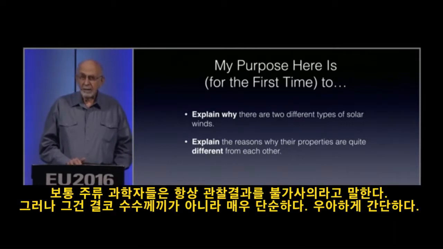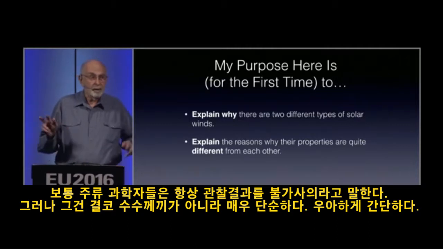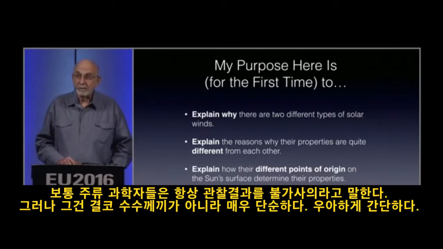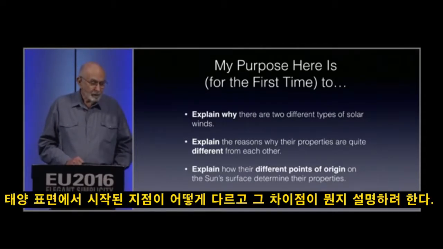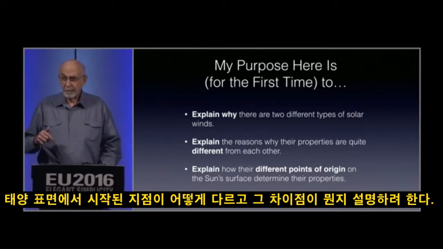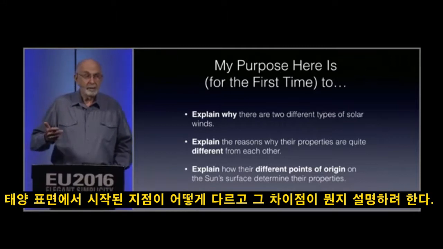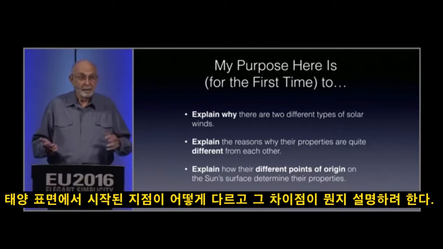The standard mainstream finds these observations to be, quote, enigmatic, as always. They're not enigmatic. They're very simple, elegantly simple. I'd like to explain how the different points of origin on the surface of the sun explain those differences between the two different types of solar wind that we see.